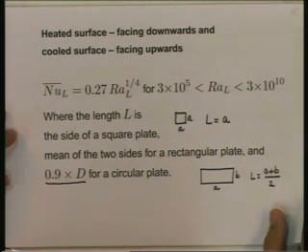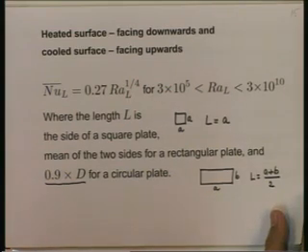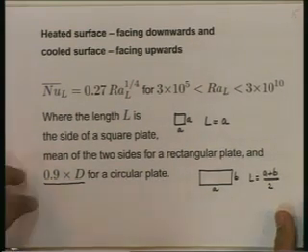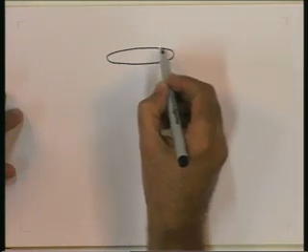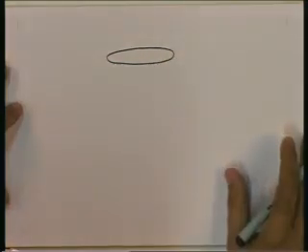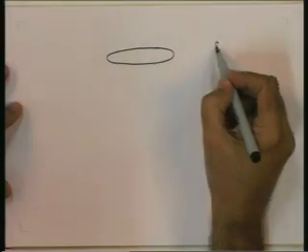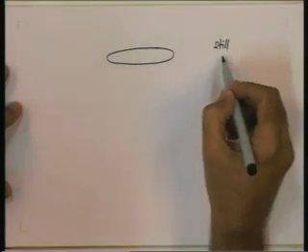Let us take an example so that we are exposed to solving problems with these correlations. The situation we are going to look at is this. We have a circular plate kept horizontal in still air.